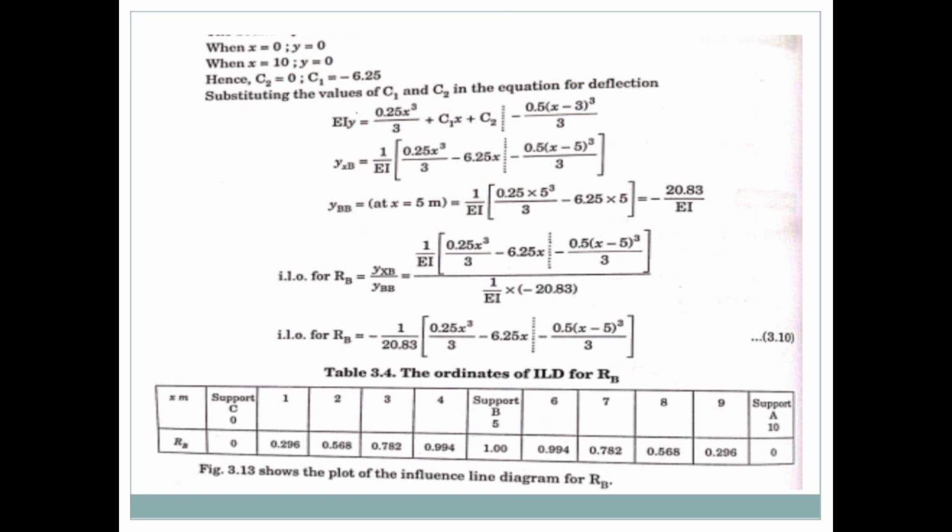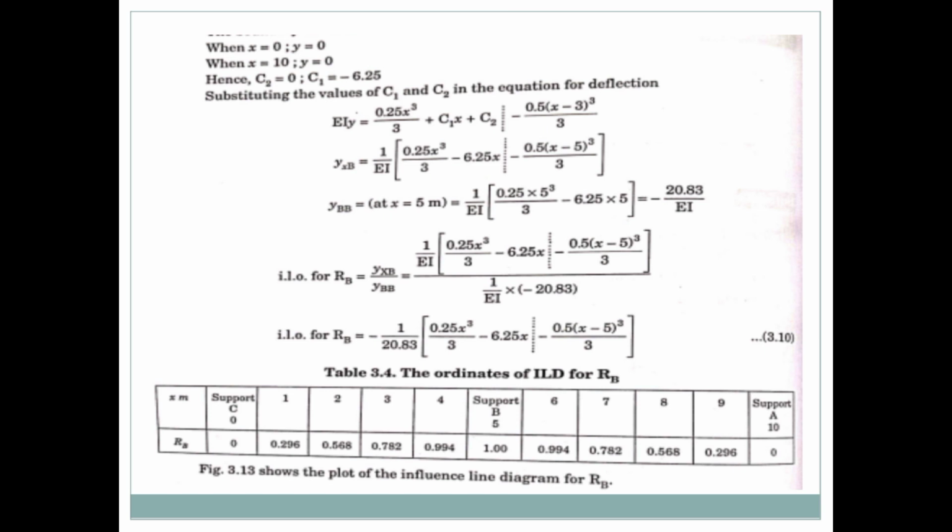Like this, we can change the intervals to 2 meters or 3 meters, whichever is possible. So this is the influence line diagram for RB.